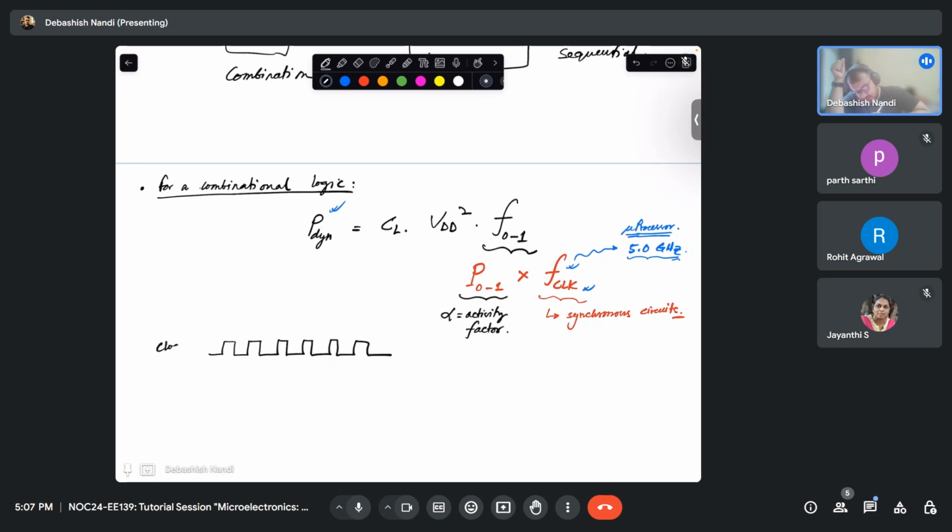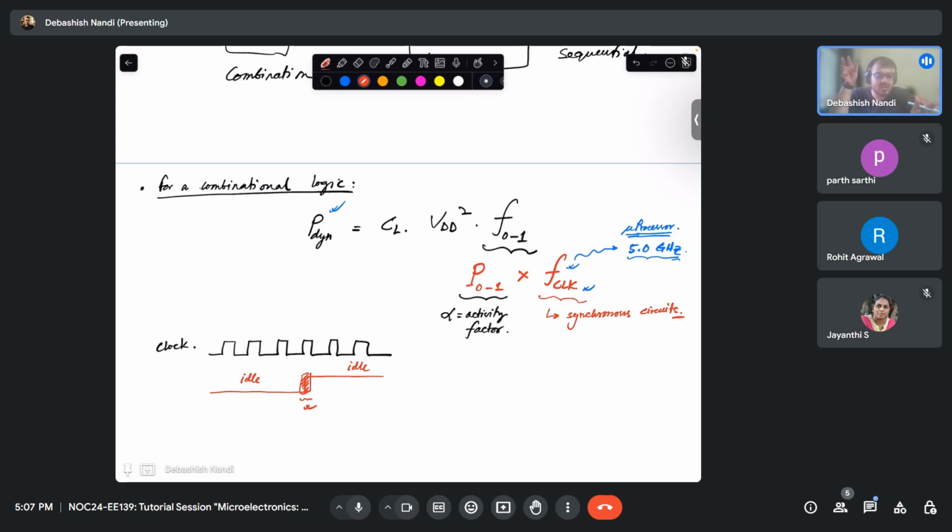Let's say this is your clock, and you have your 0 to 1 transition only at this place. In other places, it is just idle. So your power is getting dissipated only in this region, right? It is not dissipated over the entire clock range.